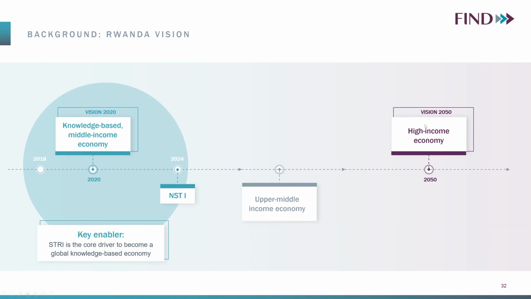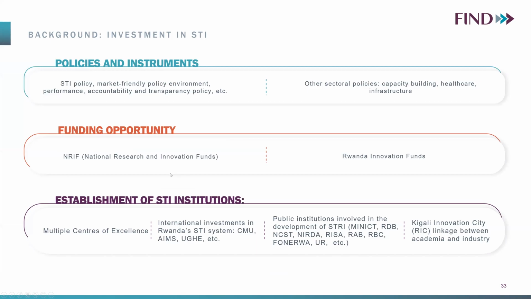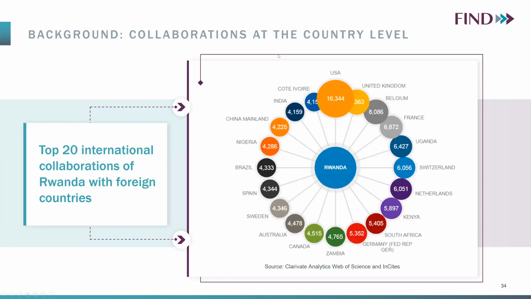The key enabler put in place is science, technology, research, and innovations. Among those, we can state some policies and instruments in place: the science and technology innovation policy, a market-friendly policy environment, and performance, accountability and transparency put in place by the government.